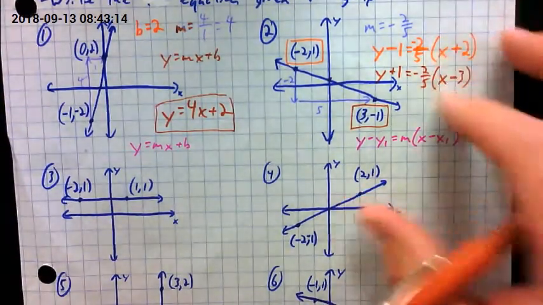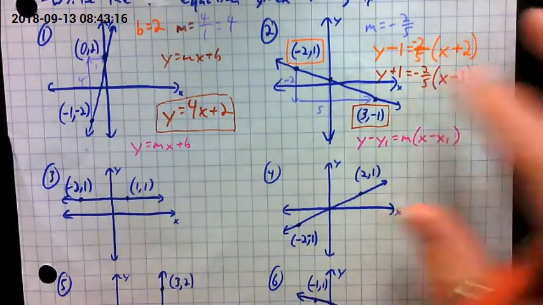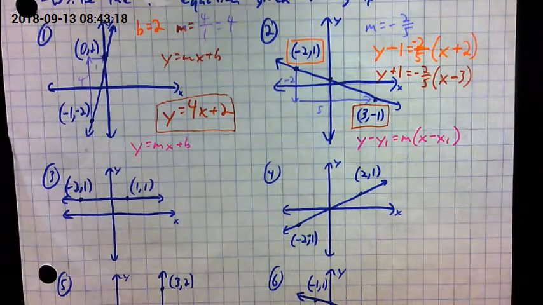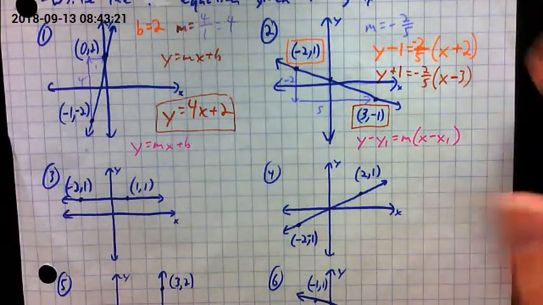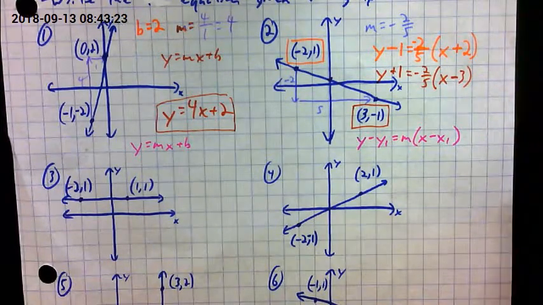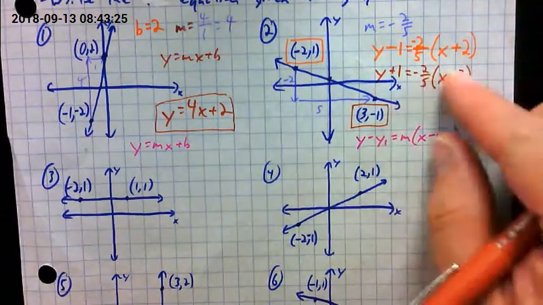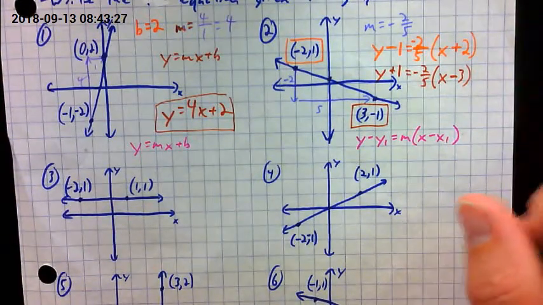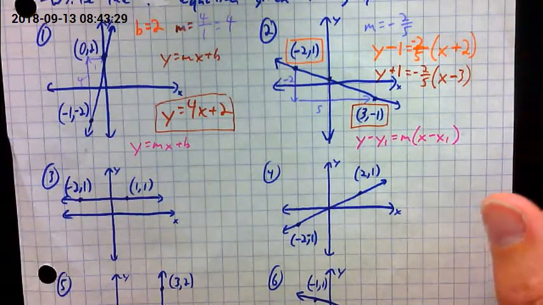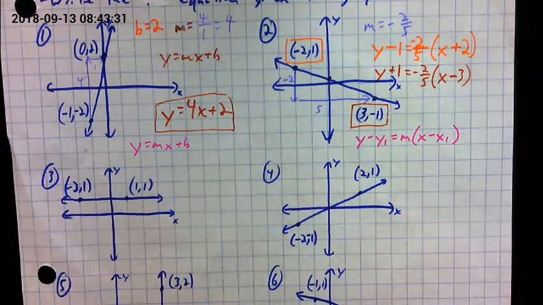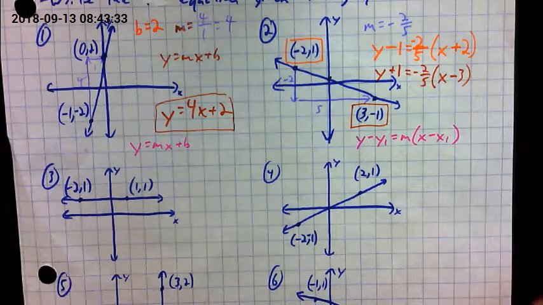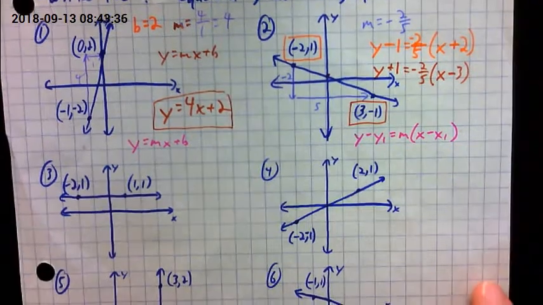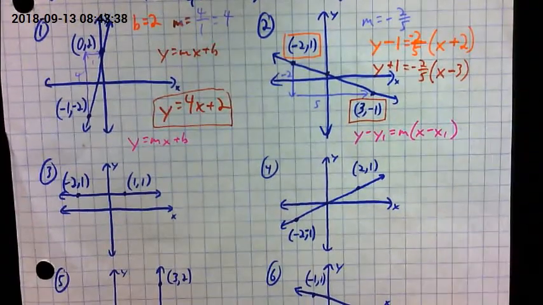So if you get an equation that's not on the multiple choice, check to see if there's another point you could use. Or if it's in slope-intercept form, change it around so that it's in slope-intercept form. Solve for y. So again, just because your answer choice doesn't appear doesn't mean you weren't correct. You might want to look for another scenario.